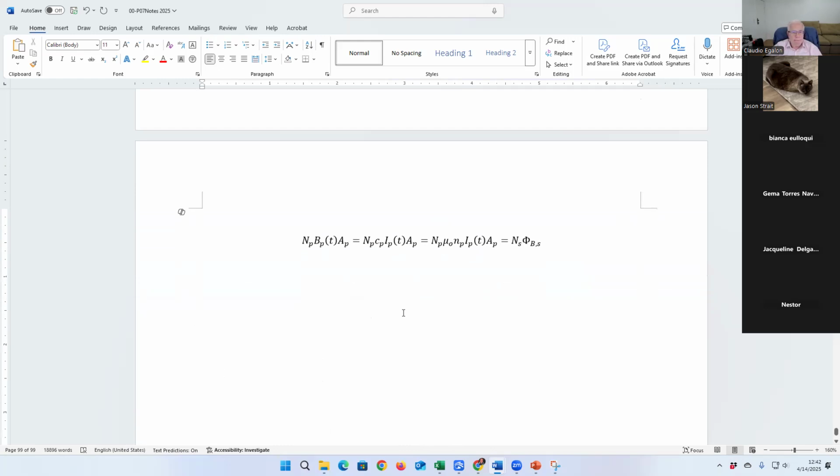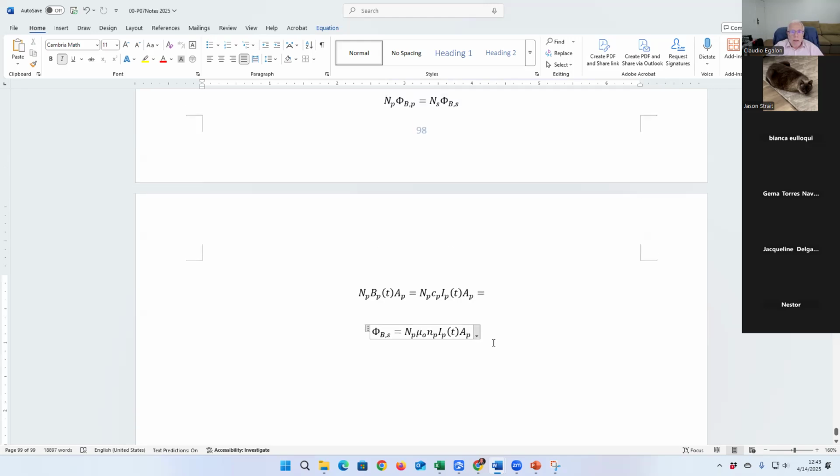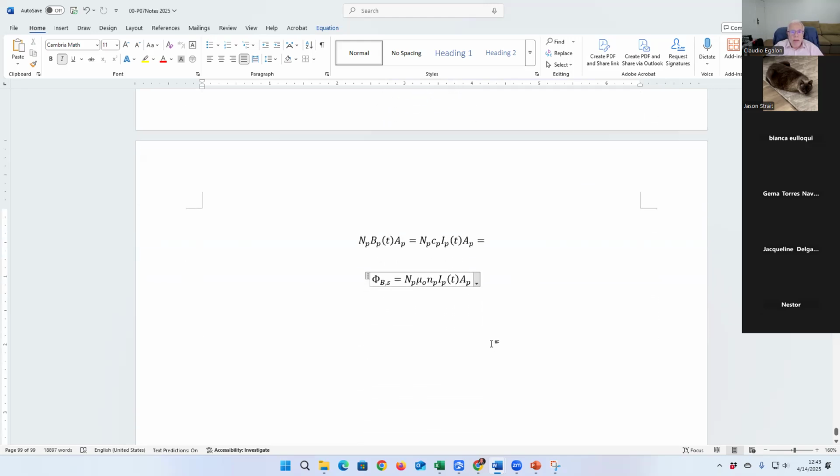Okay. And I'm going to get this term that you see right in here on the other side. Flux. Let's see, we should have N over S as well.